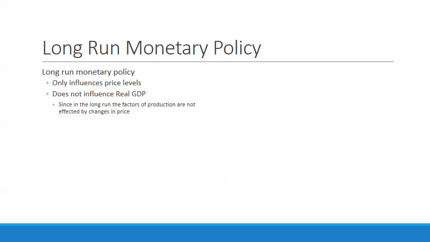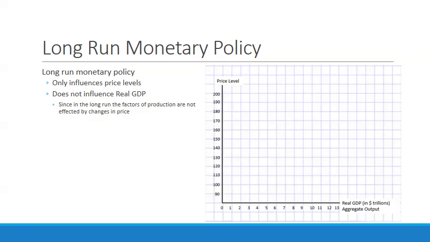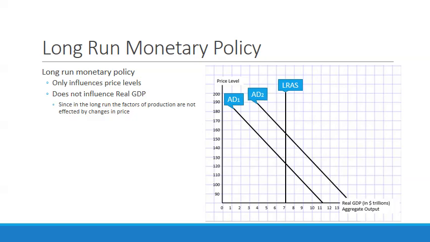We know that those are only going to change with significant changes, say in population or technology or something of that sort. So when we put our long run aggregate supply curve up, if we have aggregate demand 1, and we see an increase in price levels to aggregate demand 2, all we've done is kept the exact same amount of real GDP, but we've raised the price level, what it's going to cost us now to purchase that aggregate output, that real GDP.